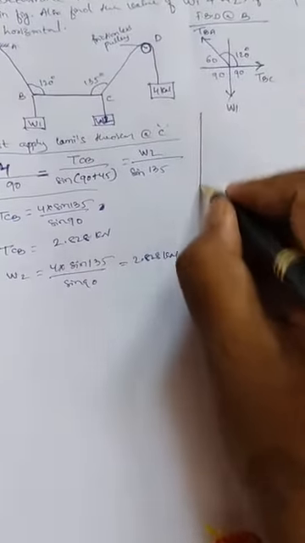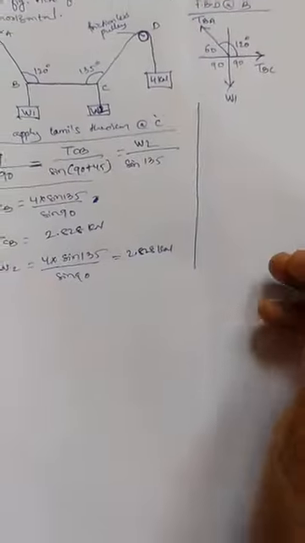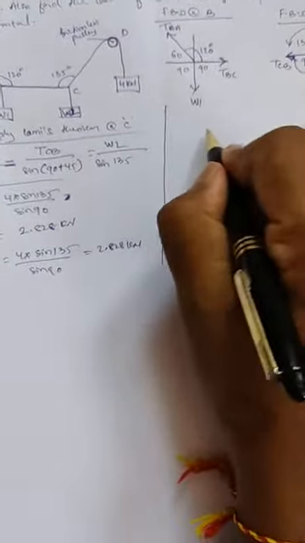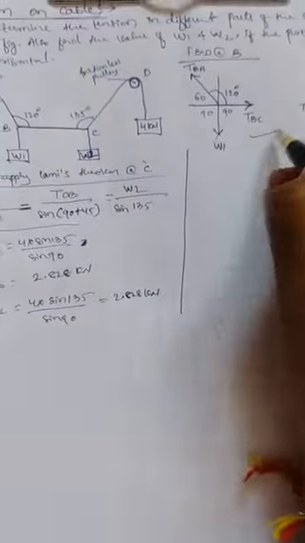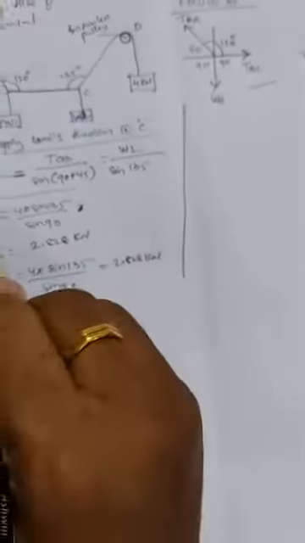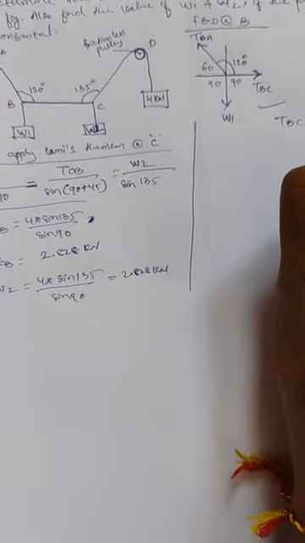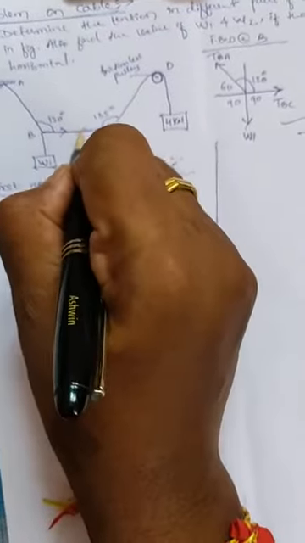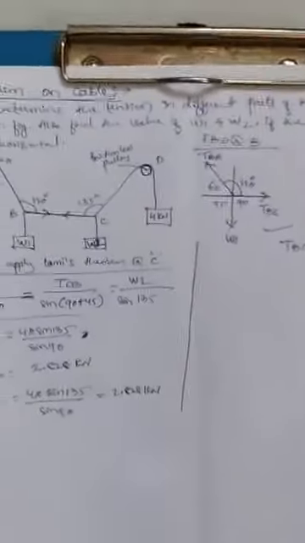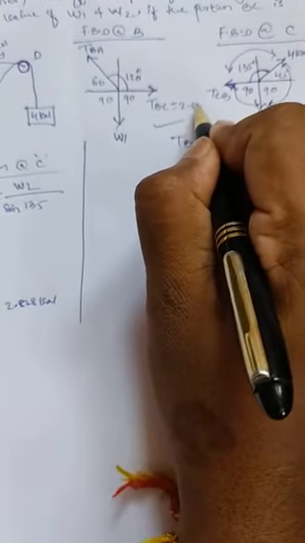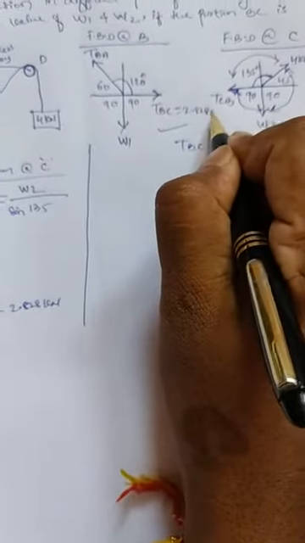Now what you do is apply the same Lami's theorem at joint B. Once we calculate TCB, we know that TBC is equal to TCB because it is a single member. So wherever TBC appears, we can write 2.828 kilonewton.